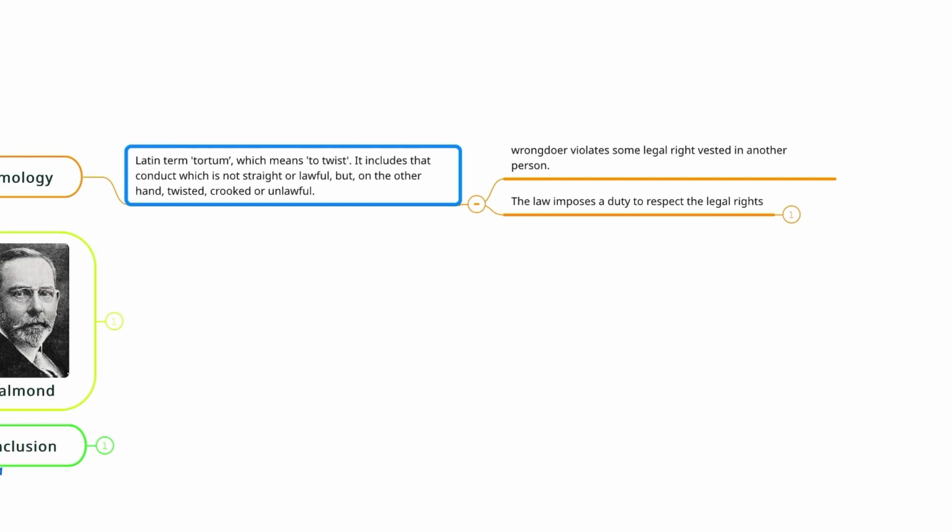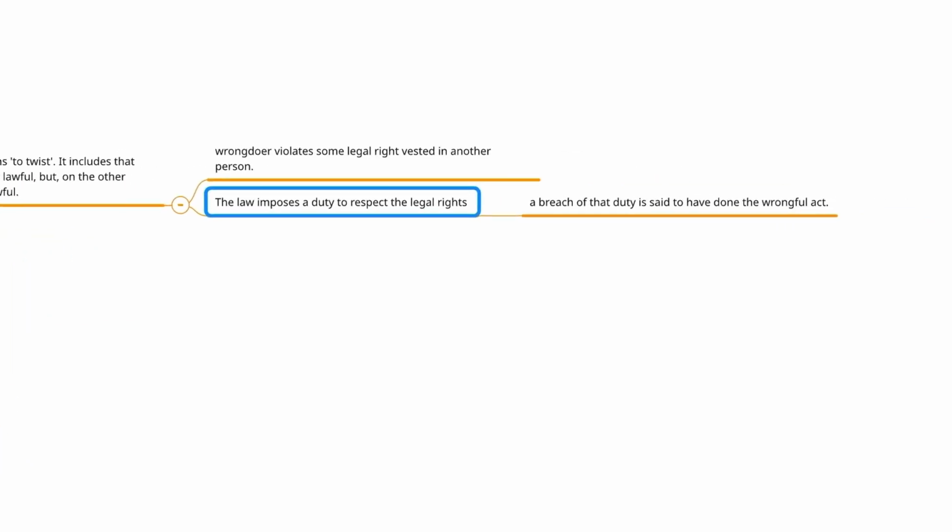So what did the wrongdoer do? The wrongdoer violates some legal right vested in another person, and the law imposes a duty to respect that legal right. A breach of that duty is said to be a wrongful act.